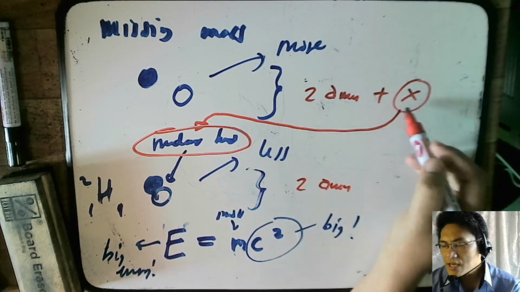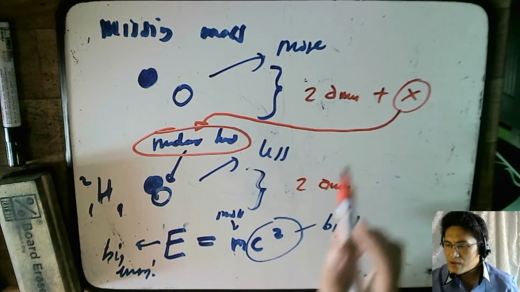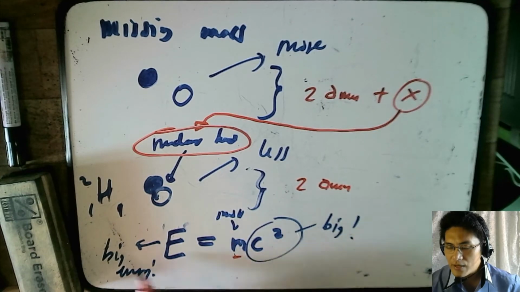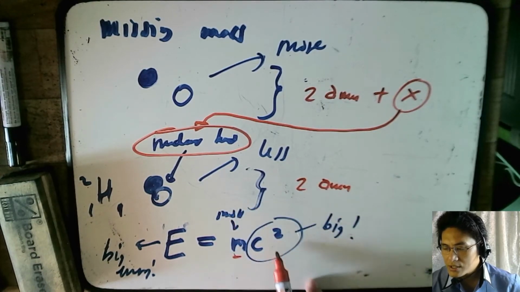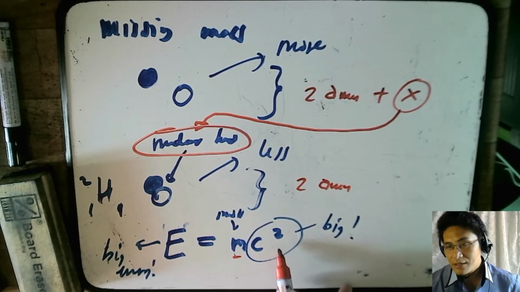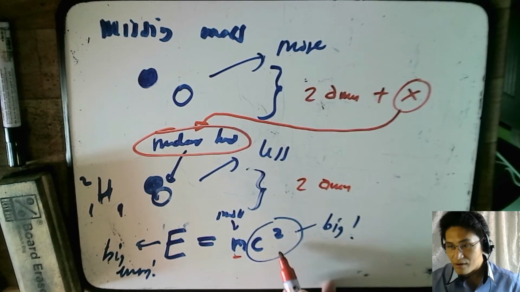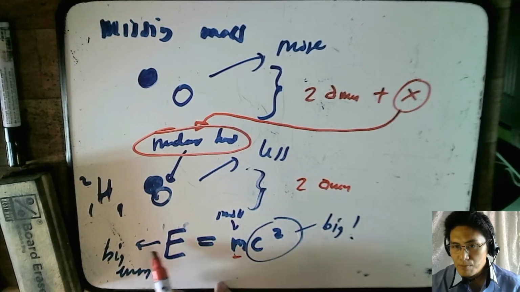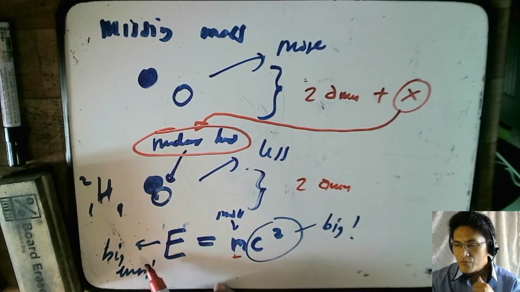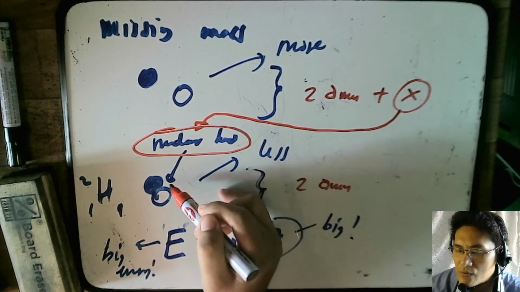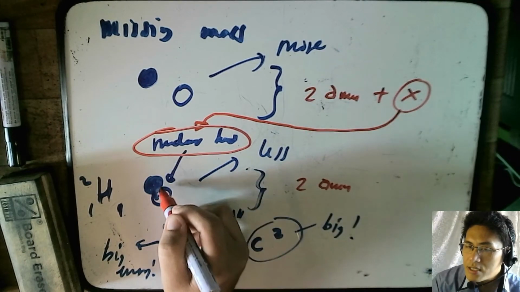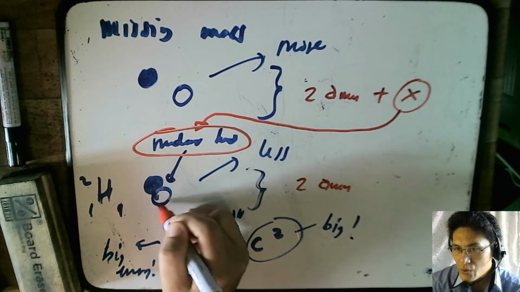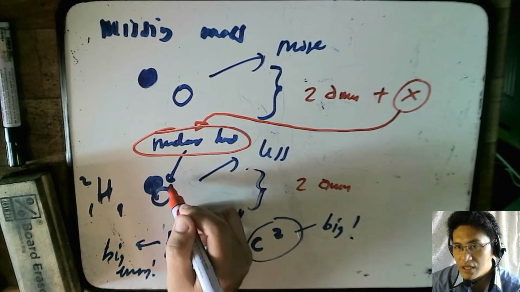And this energy is big because even if the missing mass is small, because of Einstein's equation, you multiply it with something big, not just the speed of light but the square of the speed of light, and you get a big amount of energy. So the bond inside the nucleus has a lot of energy in it.